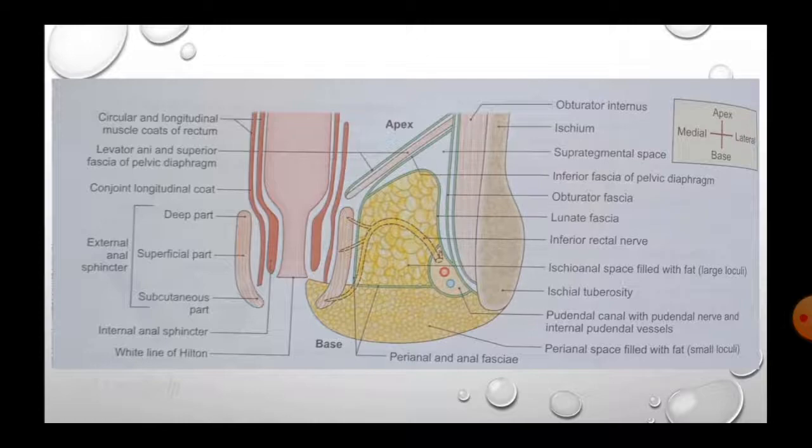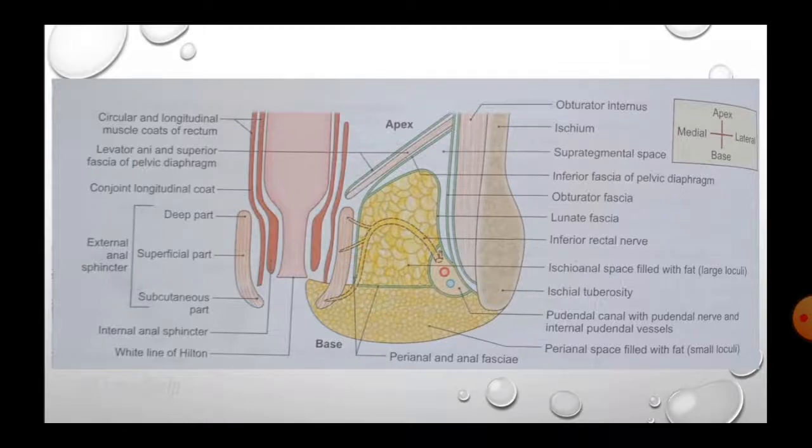Okay, then the lateral wall is more or less vertical, as you can see. It is formed by the obturator internus with obturator fascia, and the medial aspect of the ischial tuberosity below the attachment of the obturator fascia. Then the medial wall slopes downwards and medially.